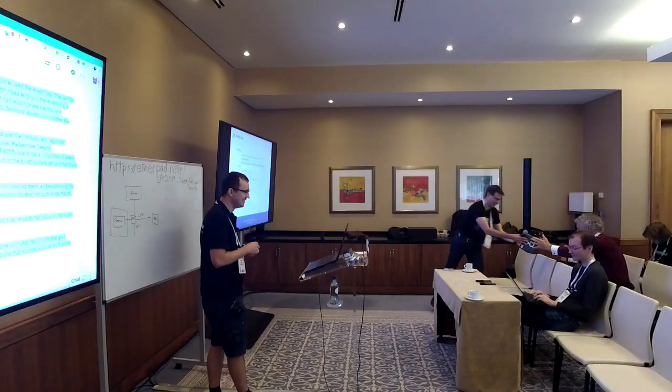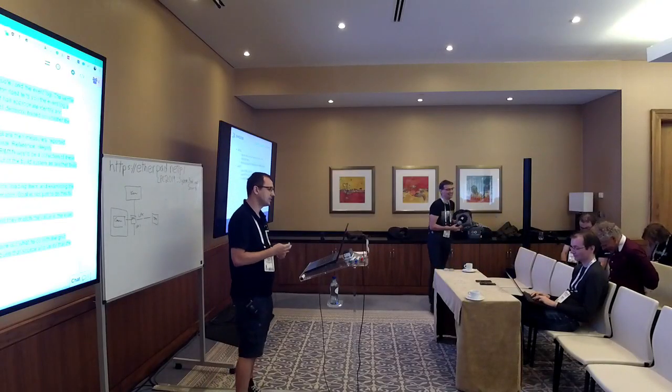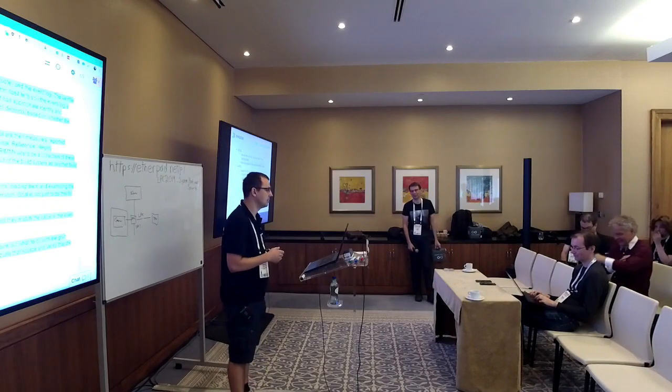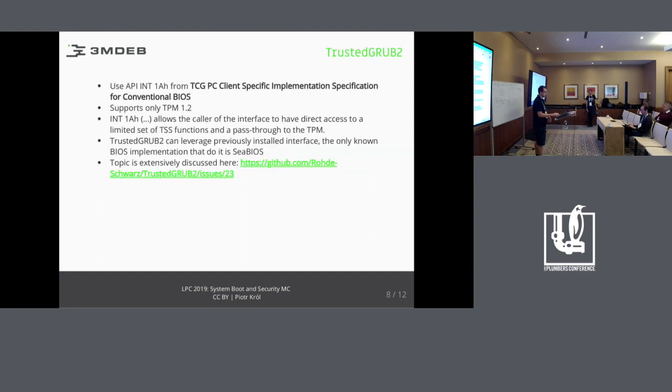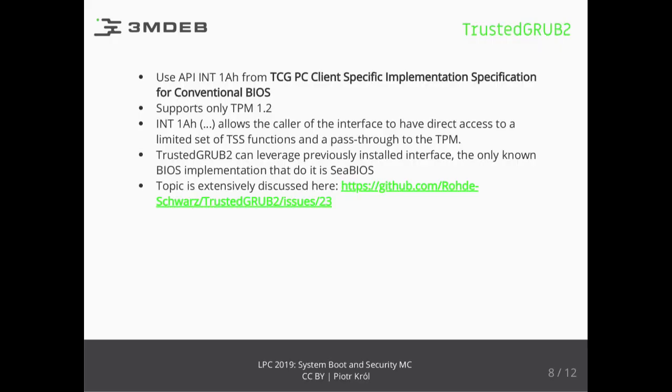The other problem with Trusted GRUB 2 is that it only supports TPM 1.2 right now. It does not support 2.0, and there's a long thread about that. Trusted GRUB uses this TCG PC Client specific implementation for conventional BIOS.